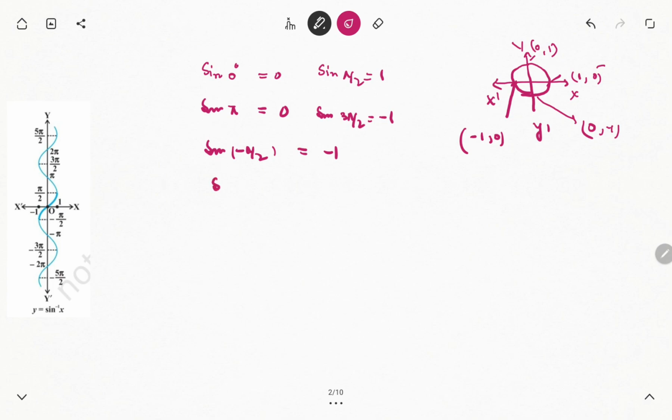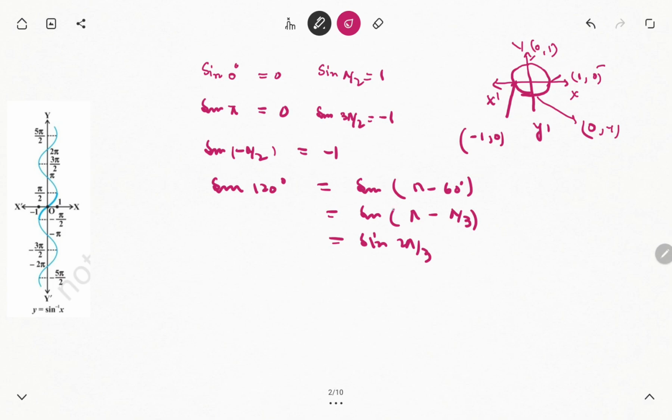Now, we want sine of 120 degree. One example. This is sine 180 minus 60. That is sine pi minus pi by 3, which is known as sine 2 pi by 3. And sine 180 minus theta is sine theta.